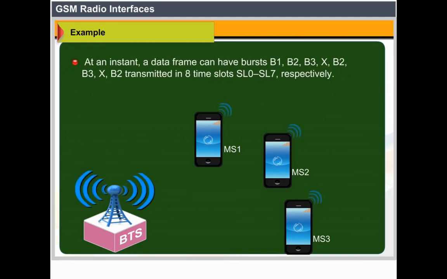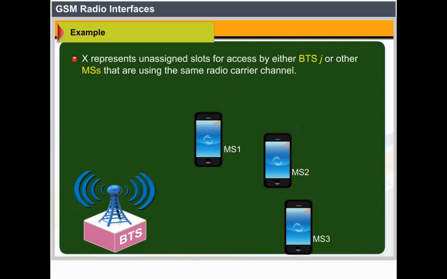At an instant, a data frame can have bursts B1, B2, B3, X, B2, B3, X, B2 transmitted in 8 time slots SL0 to SL7 respectively. X represents unassigned slots for access by either BTS or other MSs that are using the same radio carrier channel.